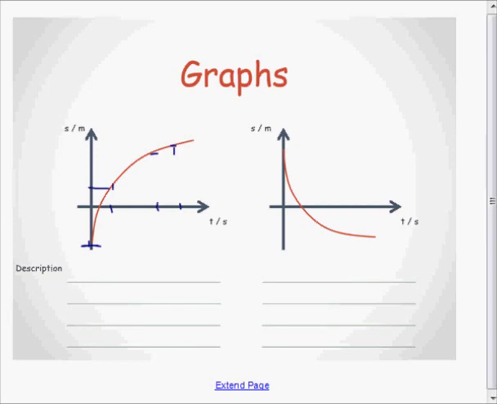So this one must be slowing down. And you can see here that we're going from the negative side to the positive side. So with 0 as the reference, we are starting about here, and we're going fast and then slowing down until it's almost stopped. So this is essentially deceleration.